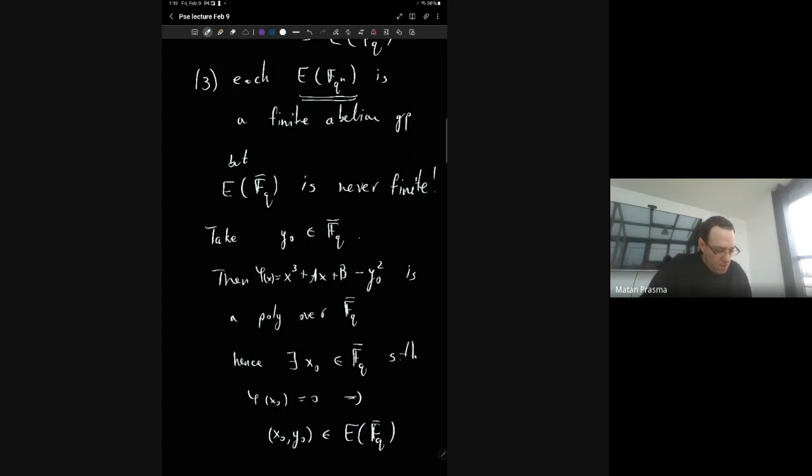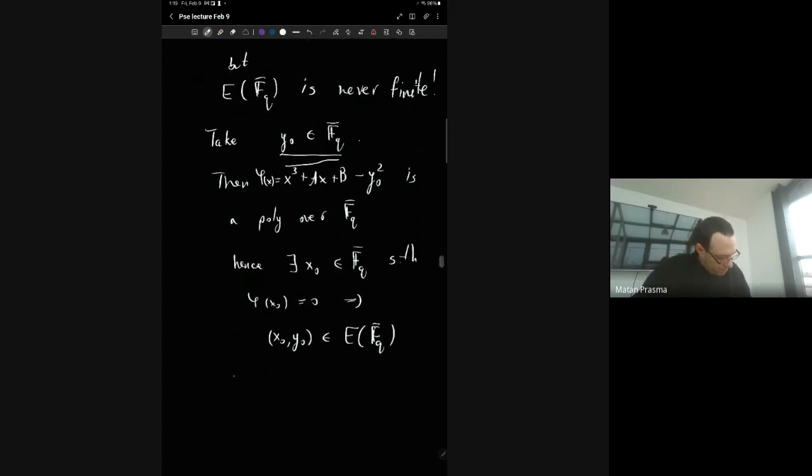And you see, I took any arbitrary y0 with no restriction, and I found a point. So since FQ bar is infinite, E of FQ bar is infinite.